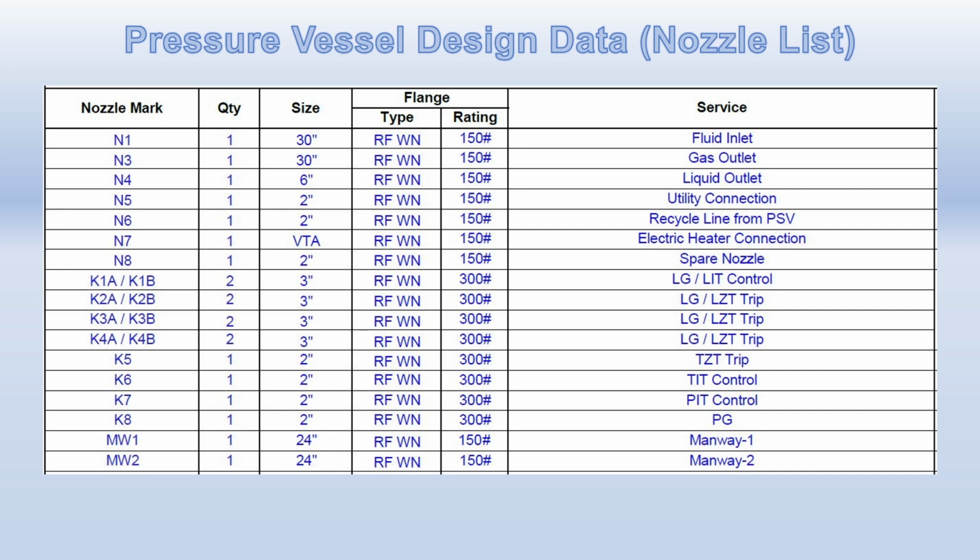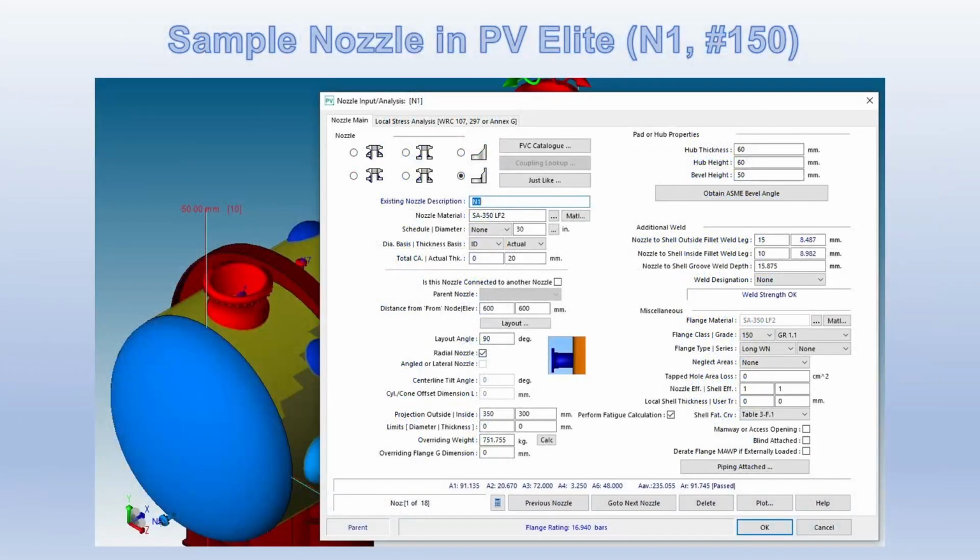The screen that everyone is seeing now is the nozzle list of the pressure vessel. This is a simple pressure vessel. There are 150 pound flanges and 300 pound flanges. On the N1, a 150 pound flange, I will continue to explain in this slideshow. This is the PV Elite nozzle input window.